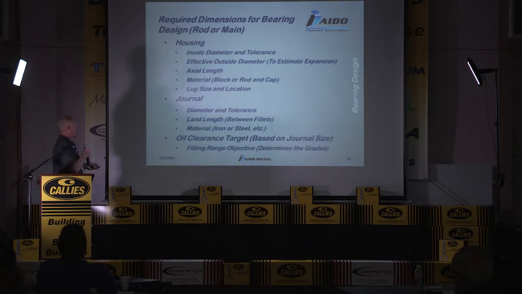On the journal, whether or not the land length has fillets or if it's undercut and rolled crankshaft like we typically see with OEM applications. The material is very important, whether it's iron or steel. As I already said, the oil clearance target and the fitting range objective, so depending on how many grades we have to set up for that application.